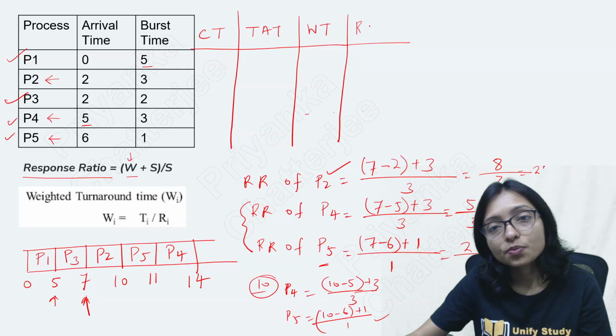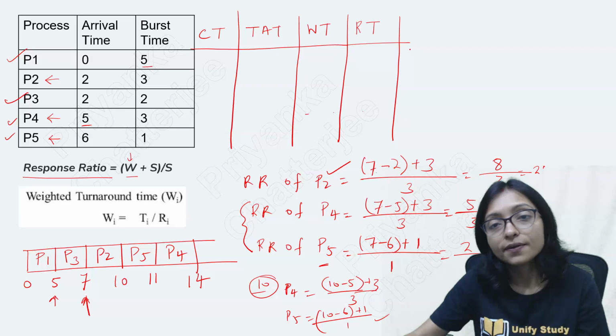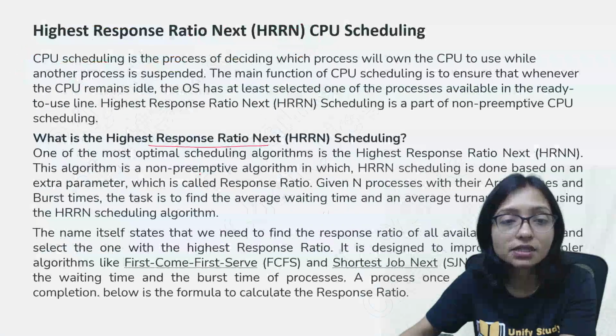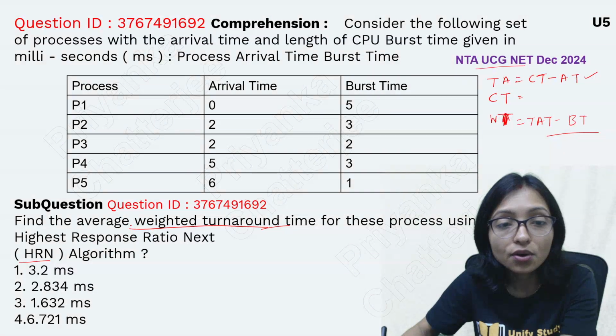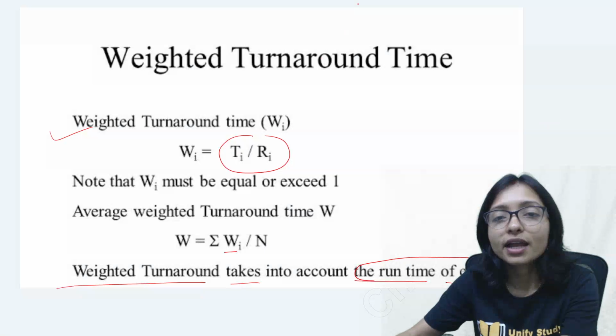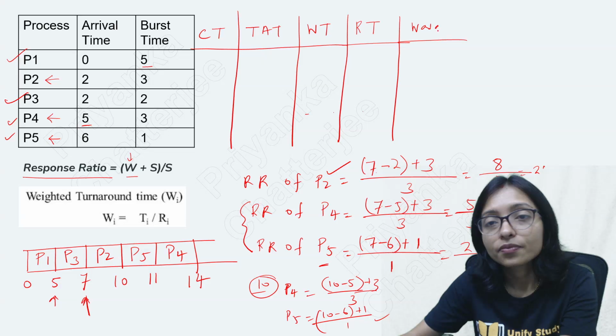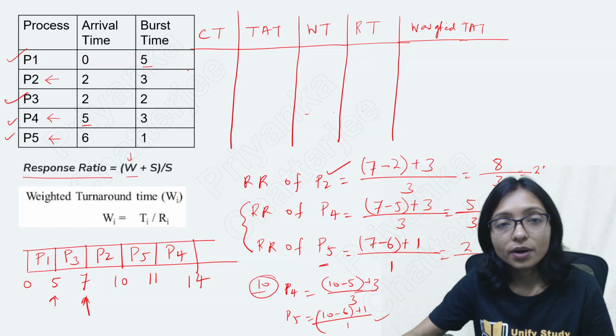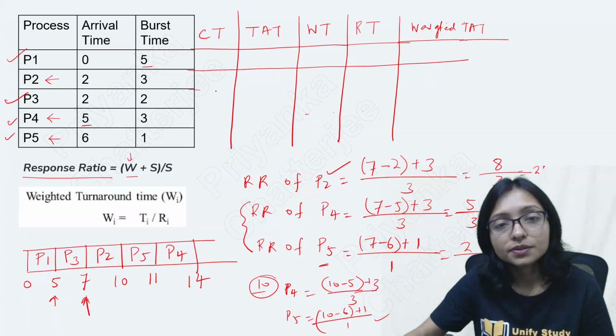And I will also show what the response time is, because everything will be clear. And actually the question was asking for the weighted turnaround time. In the question you see that it was asking what the weighted turnaround time is. So we need to calculate that also. We will calculate everything, so one by one I will fill the table.